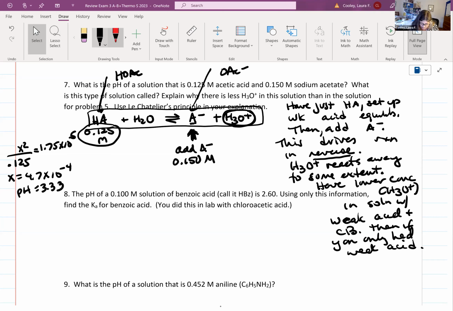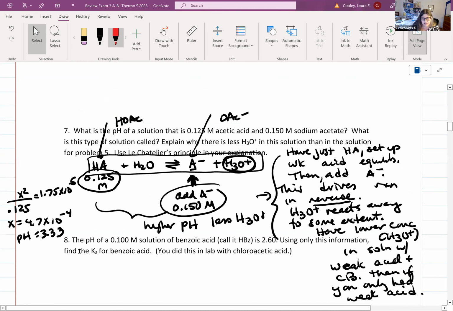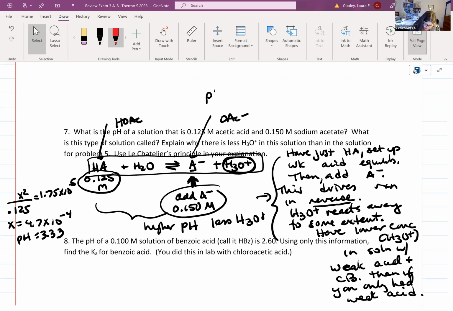But now if you add this, you've driven the equilibrium in reverse and it'll be a higher pH because you have less H3O plus. And if you use the Henderson-Hasselbalch, you could probably figure this out pretty quickly. pH is pKa.